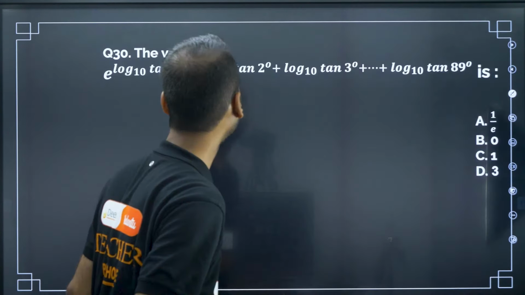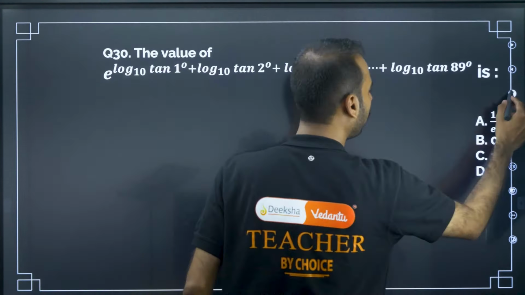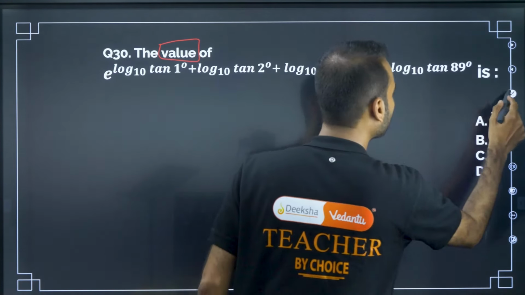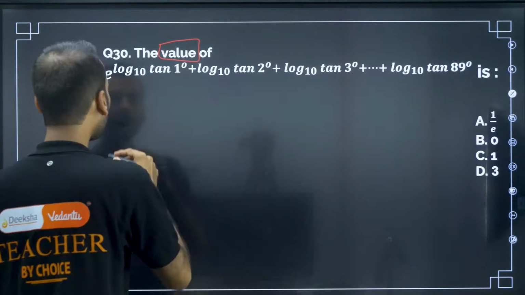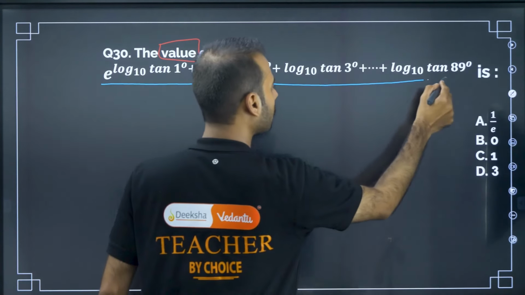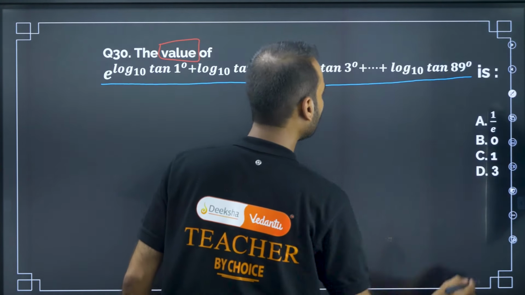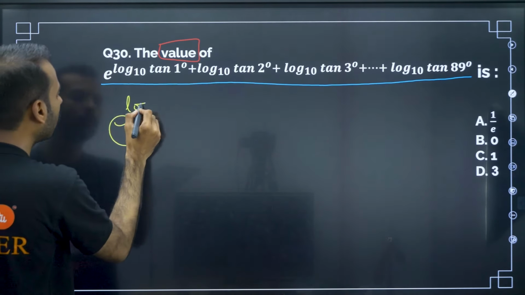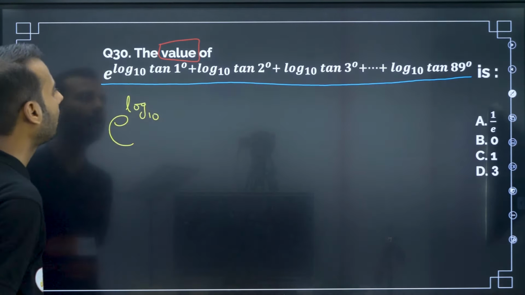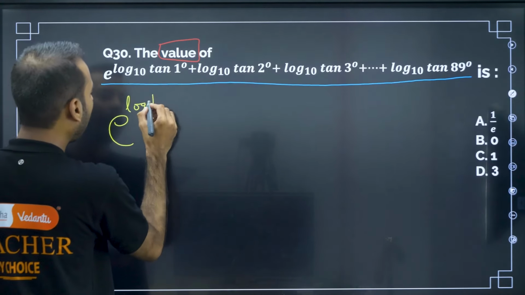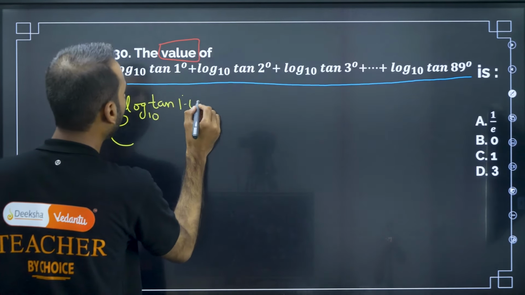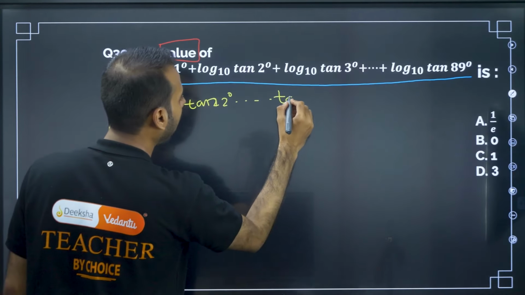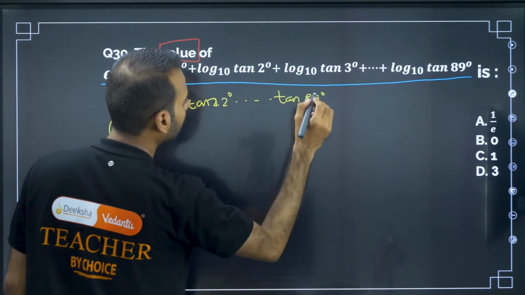Moving on to next question. The value of one expression they have given. What is that expression? E to the power log to the base 10 of tan 1, tan 2, blah blah blah up to tan 89.